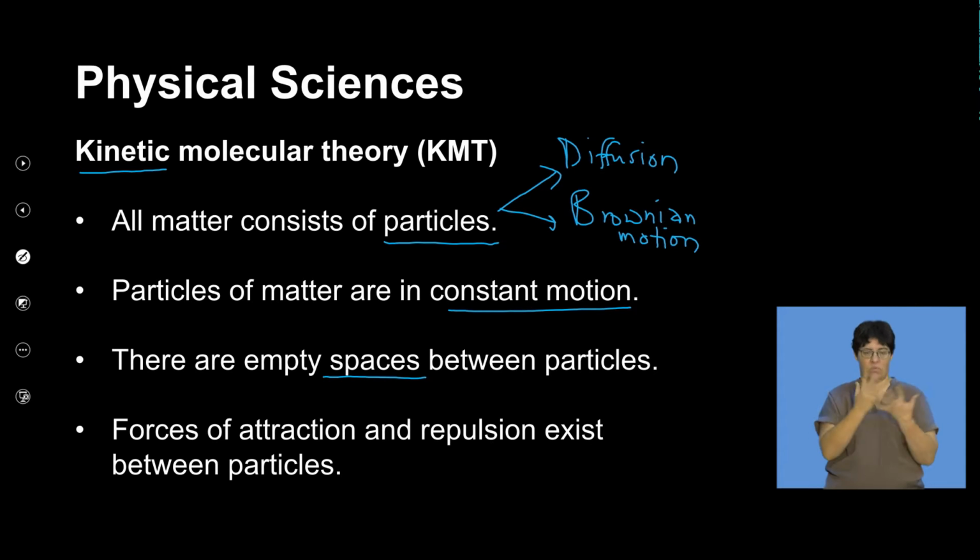And then again, the forces that exist between the particles, either attraction or repulsion, are the ones that allow us to have a certain form of matter, taking the shape of the container or having a definite shape. It means there are forces that keep these particles together, right?